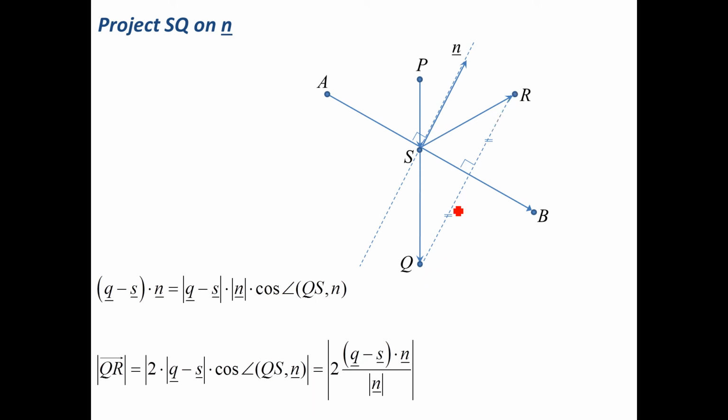Then we get this direction with this length from Q to R. That's why we have twice here: twice this length gives us the length of QR, which we multiply by the vector n divided by its length to get R.